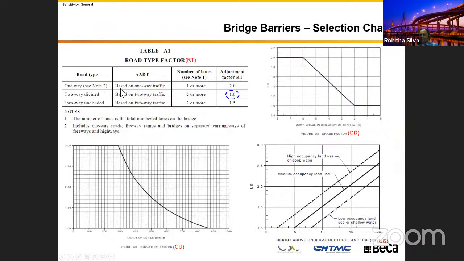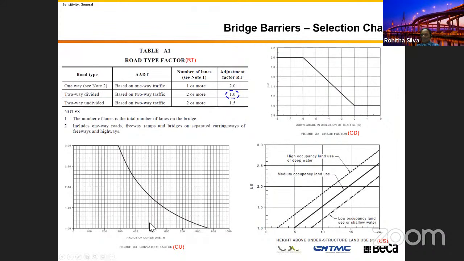For example, if it is one-way traffic, the factor is only one. If it's a two-way divided traffic, with two or more lanes, it is one. But if it is a two-way undivided traffic, there is a risk that a vehicle just goes and hits head-on, so the factor becomes 1.5.